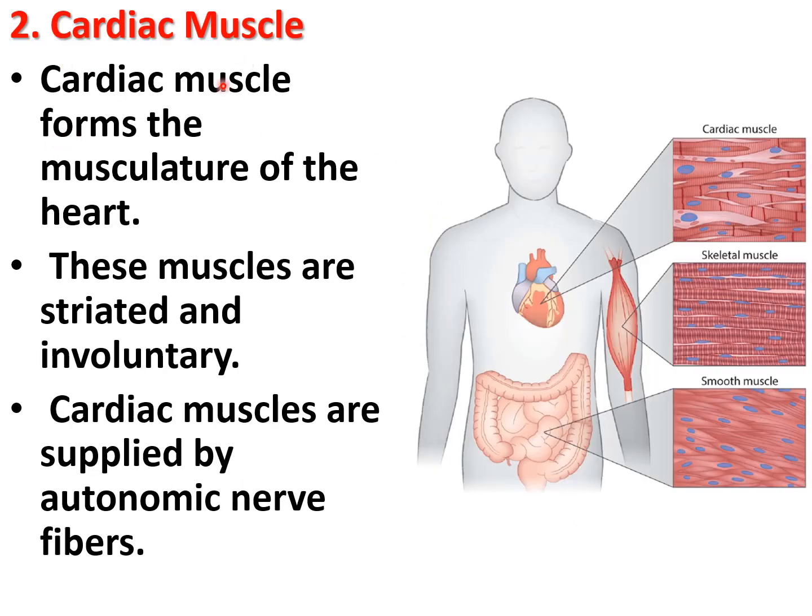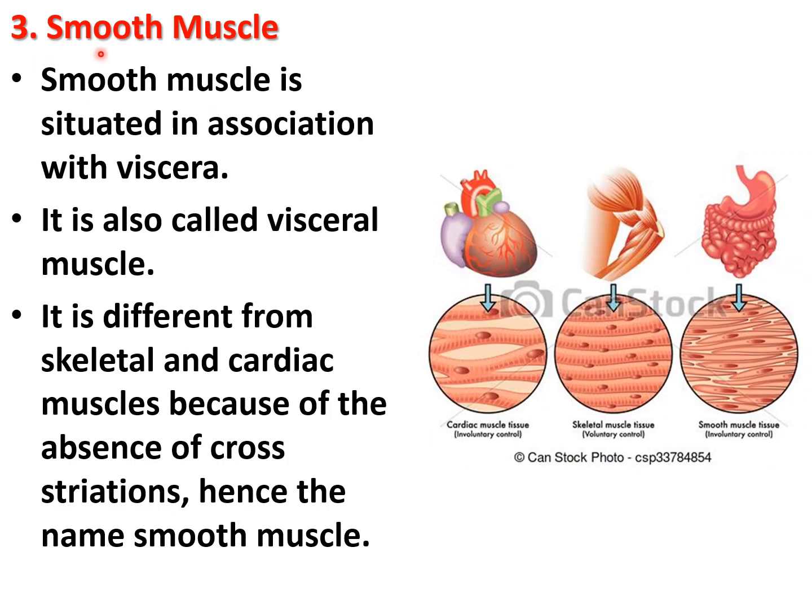Then cardiac muscle. Cardiac muscle forms the musculature of the heart. These muscles are striated and involuntary, and cardiac muscles are supplied by autonomic nerve fibers. Then smooth muscle is situated in association with the viscera, and it is also known as visceral muscle.